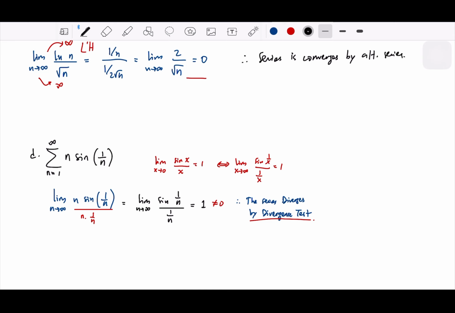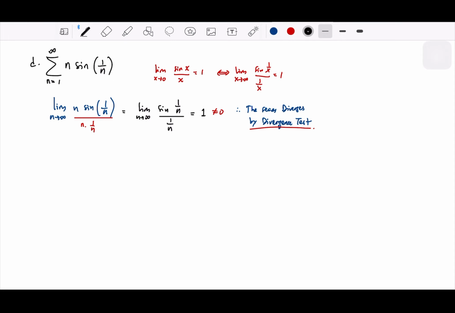For some, you will see that the series are quite obvious, and you can just observe the series and look at how they behave, and maybe change the form and manipulate the form and look at how the series can be tested.